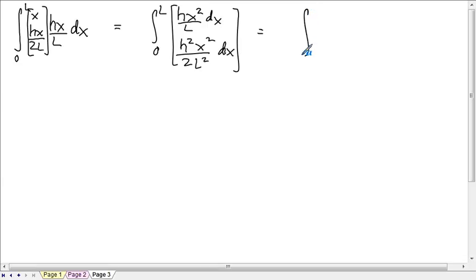So for the top one, that gives you hx to the third over 3L. And for the bottom one, that gives you h squared x to the third over 6L squared. This isn't an integral anymore.